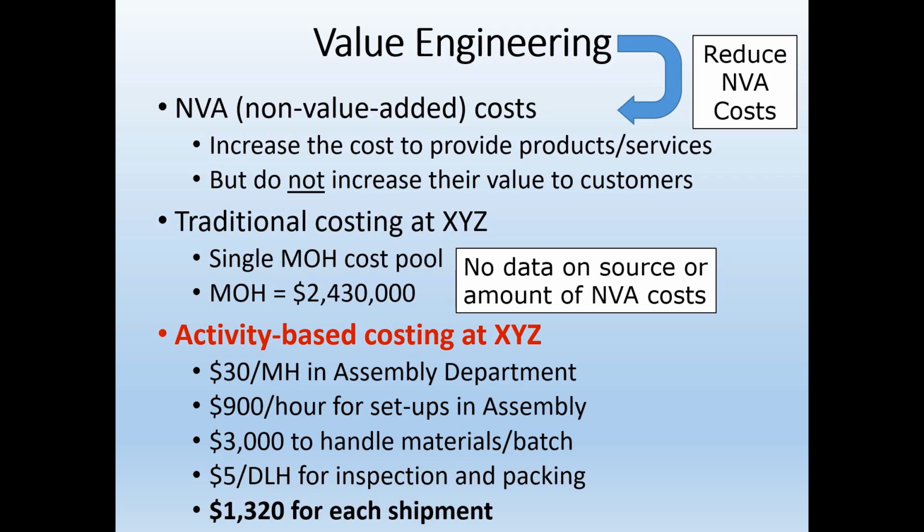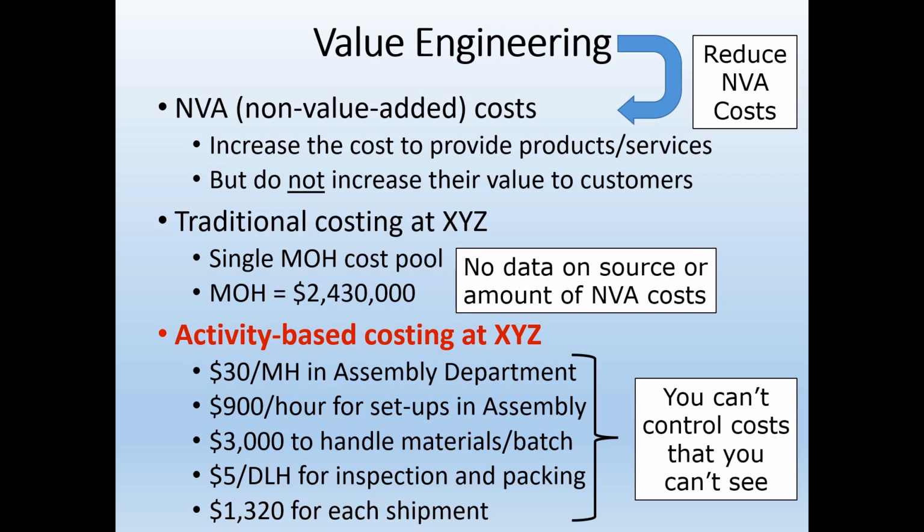And the firm is currently spending $1,320 of shipping overhead for each shipment. Maybe the firm could offer an incentive for its customers to place larger orders so that it could reduce the number of shipments.